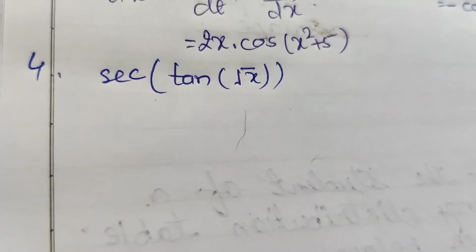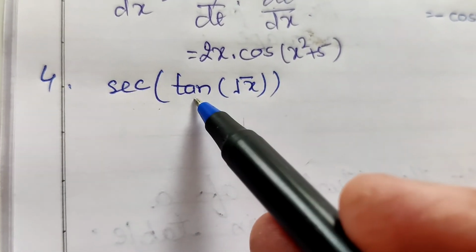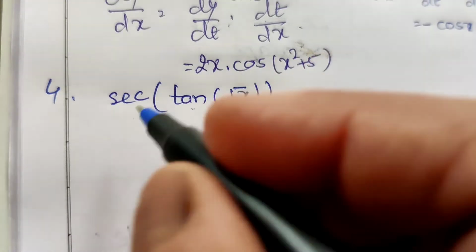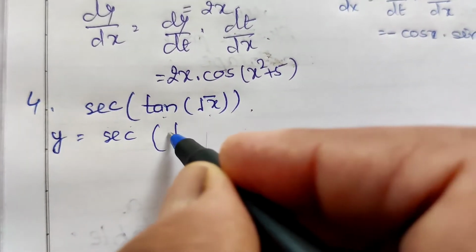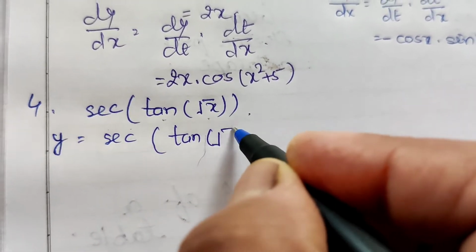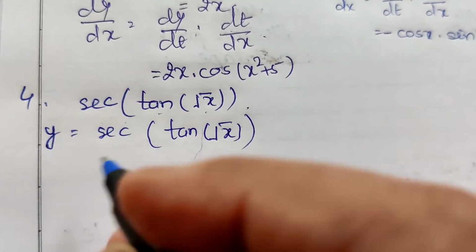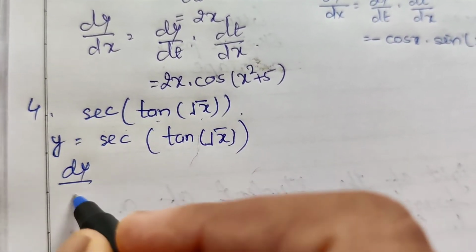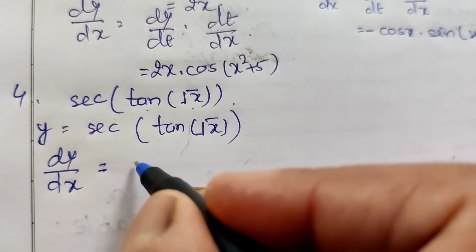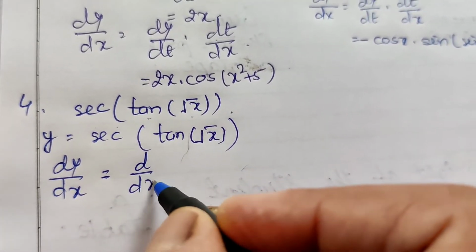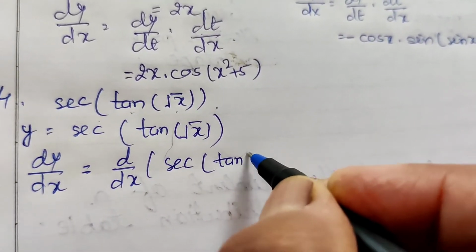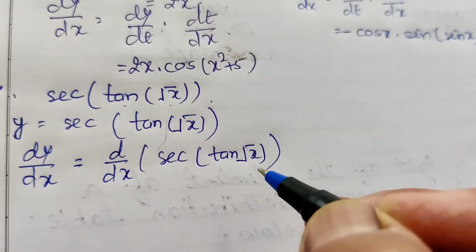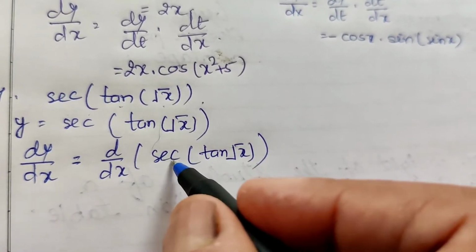Next, question number 4 is sec(tan root x). Suppose this is a function y equal to sec(tan root x). Now dy over dx, d over dx of the function sec(tan root x).